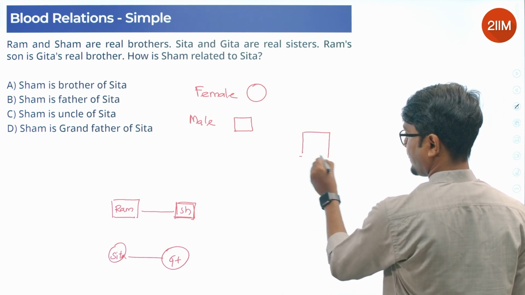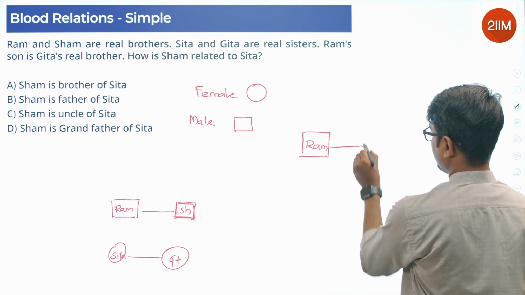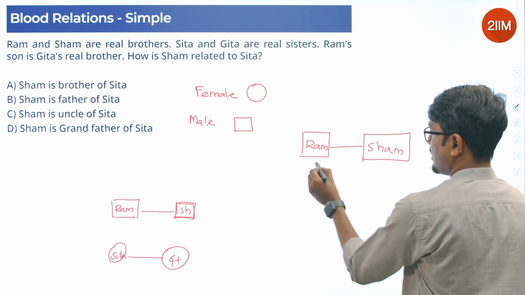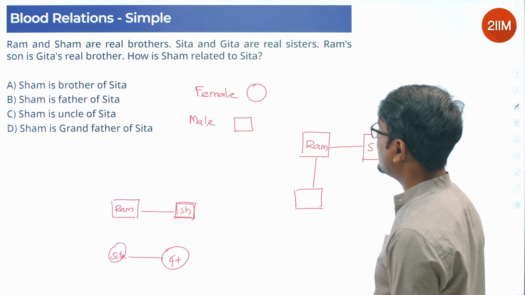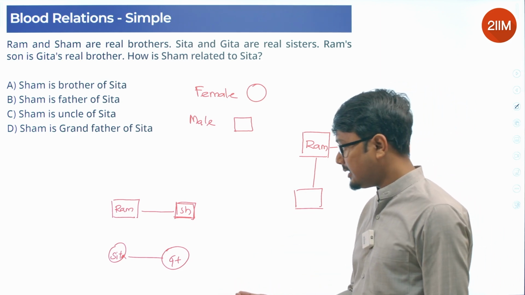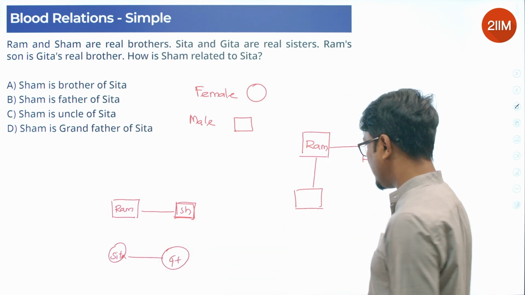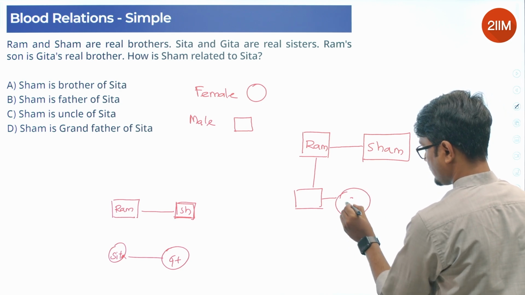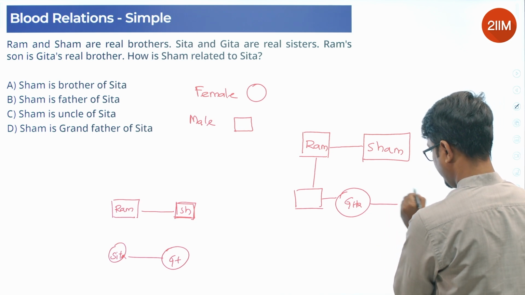Ram, Shyam. Ram has a son. We don't know who that is. Ram's son is Geeta's real brother. In that case, Geeta, Sita and this son should be siblings, right? So Geeta and Sita.